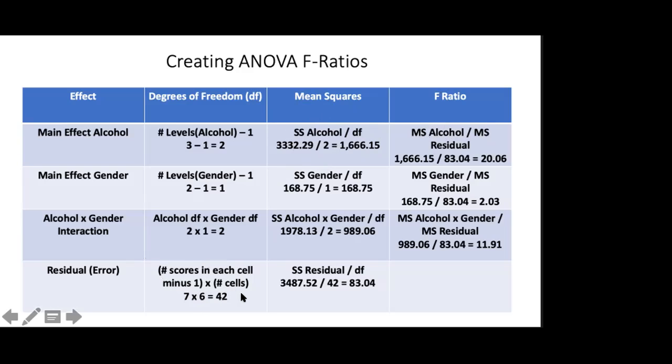The degrees of freedom for the interaction is just the degrees of freedom of the 2 main effects multiplied, so 2 by 1. We calculate our F ratios as the ratio of the mean squares of the main effects to the residual mean squares, and likewise the mean squares for the interaction to the residual mean squares.